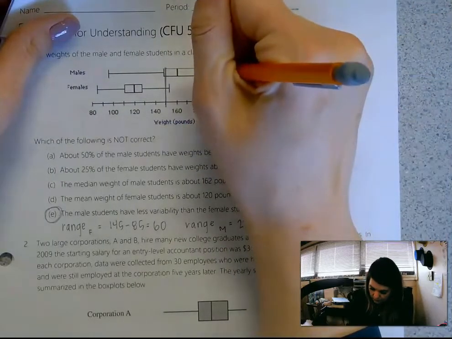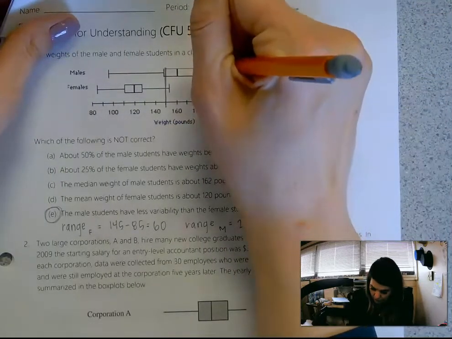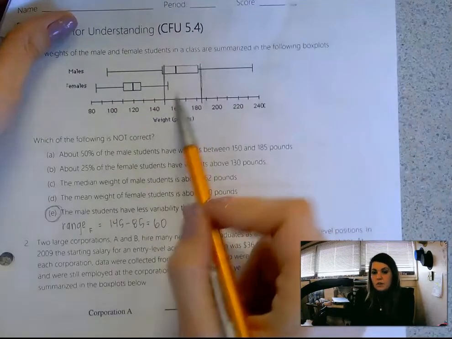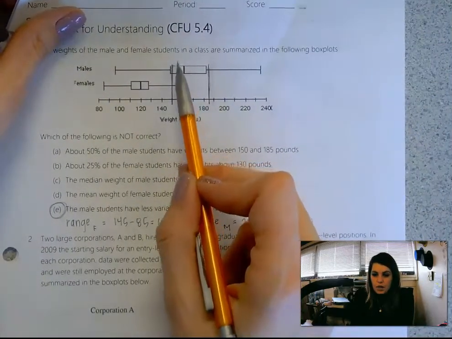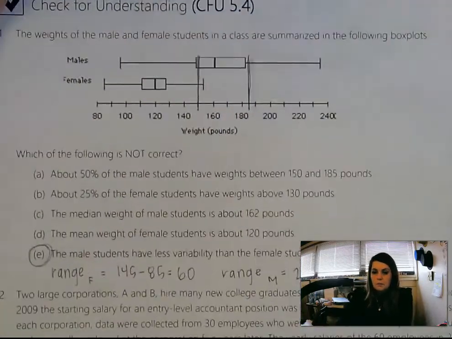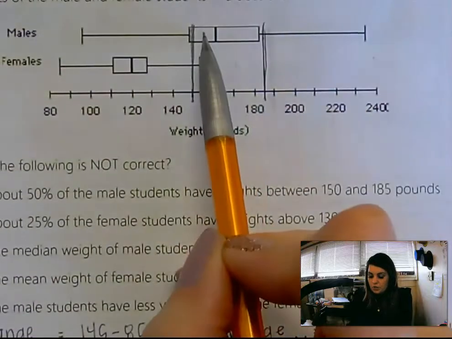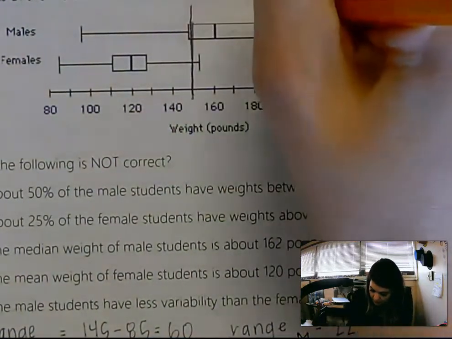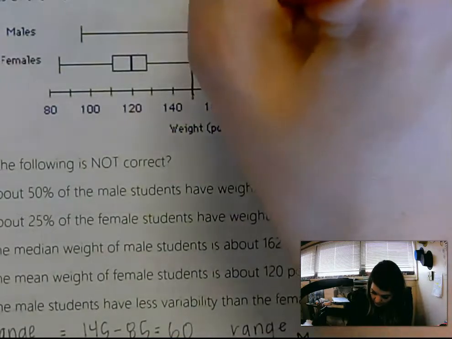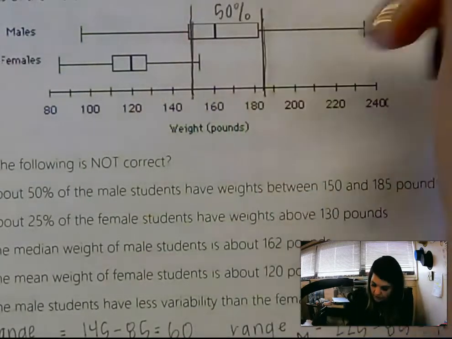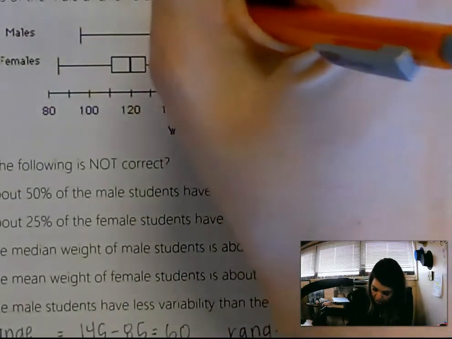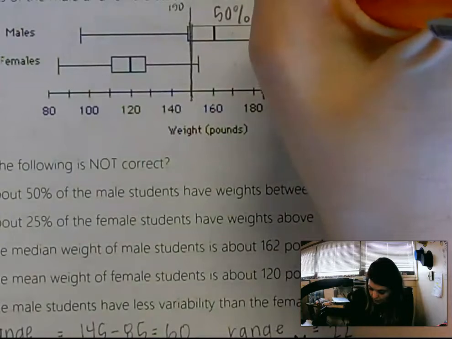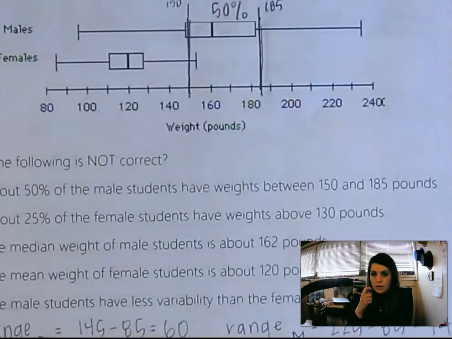This is 185. If I draw those 2 lines, you can see that those 2 lines match up with these 2 quartiles, which does equal 50%. So this is 50%. This is 150. This is 185. So that one is true.